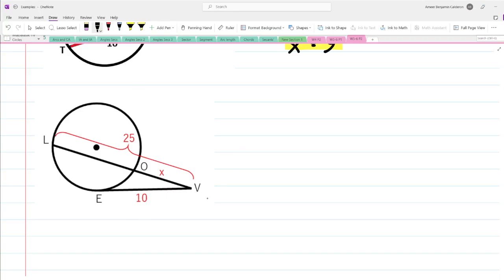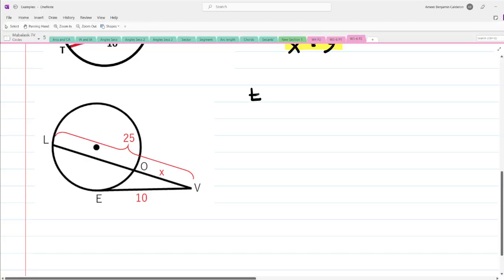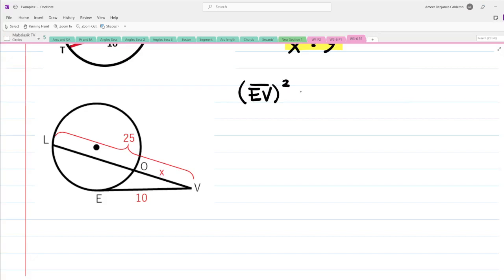In this particular case, the tangent segment is segment EV. We square that, and that is equal to the product of the measures of the secant segment, segment LV, and its external secant segment OV. We now substitute the values. EV is 10.